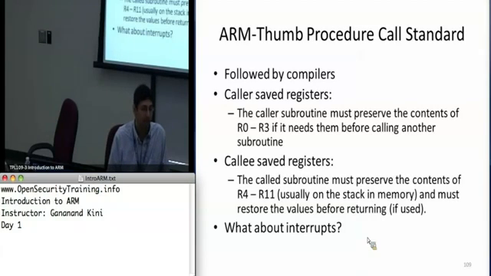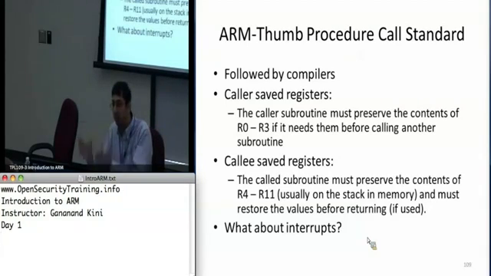Yep, exactly. We'll cover this when we get to interrupts, but each mode has its own set of banked registers, and what a banked register means is it has its own memory, actual flip-flops, I guess. That's how registers are implemented. So it'll have its own registers that are independent of the mode that you're in.